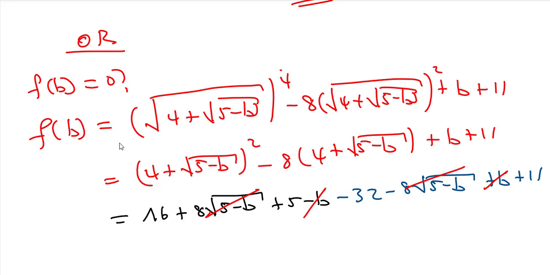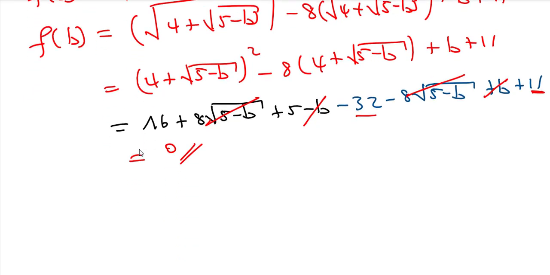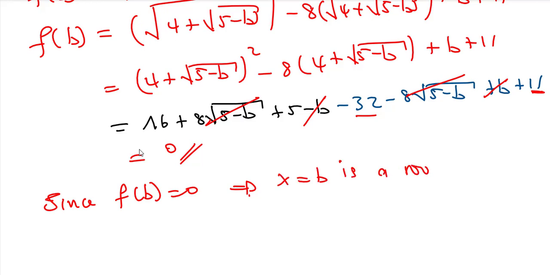What we have left is 16 plus 5, which is 21. 21 minus 32 gives negative 11, and negative 11 plus 11 gives 0. That's another possibility. So you have shown that b is a root. So since f of b is equal to 0, then x is equal to b is a root as required.